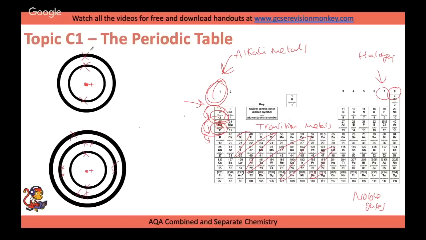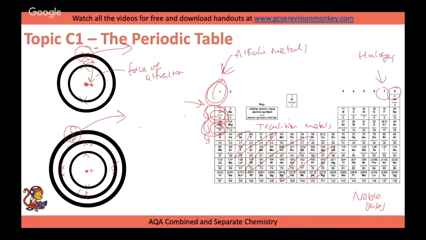Now, this is important for reactivity. These atoms like to lose their 1 electron. Think about it, it's easier for them to lose 1 to get a full outer shell underneath than it would be to gain them. So they lose 1. Now, the trouble is, electrons are negatively charged and protons are positively charged. So at the moment, there's a force of attraction holding those together.